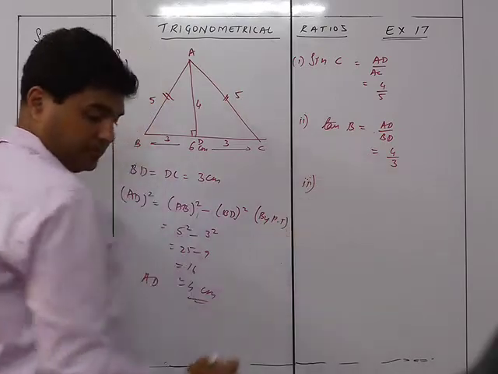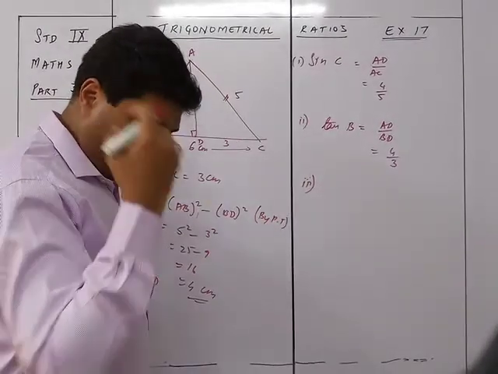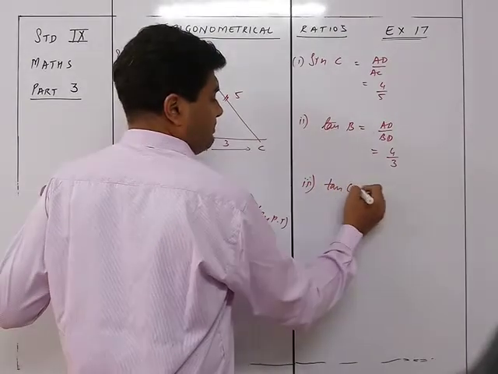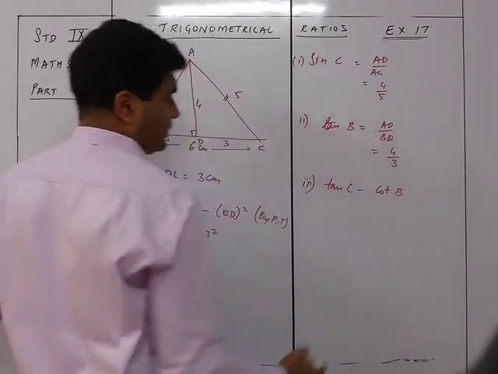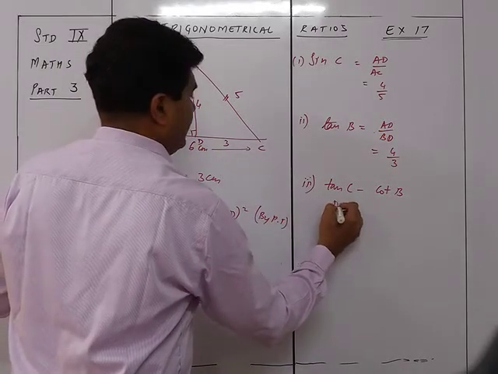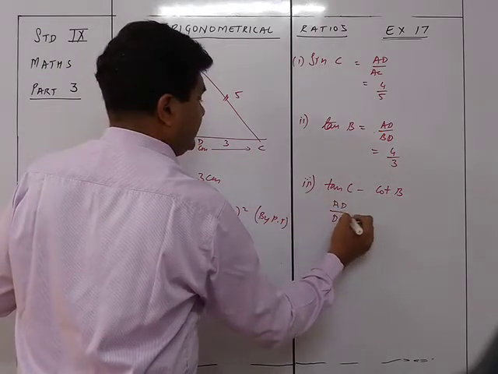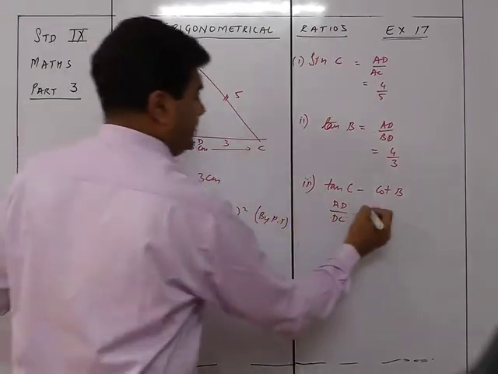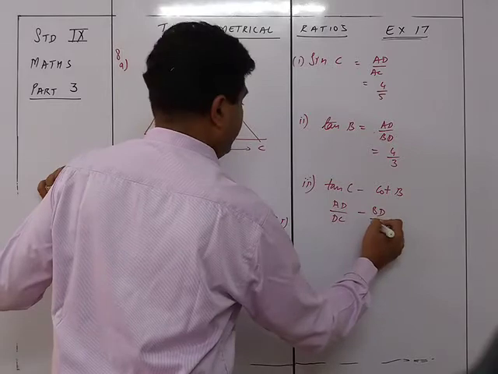And third one is tan C minus cot B. Tan C minus cot B. Okay, tan C is nothing but AD upon DC, and cot B is BD upon AD.